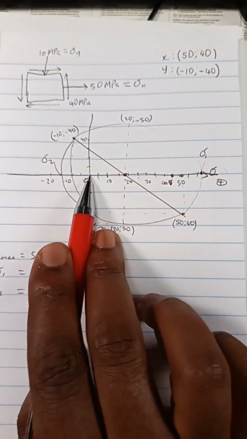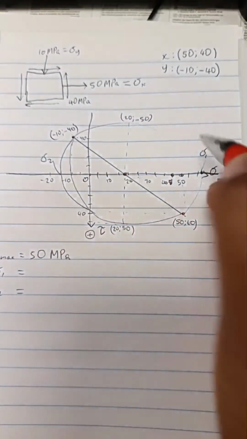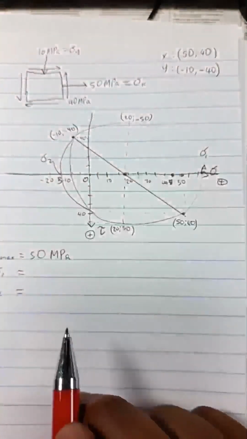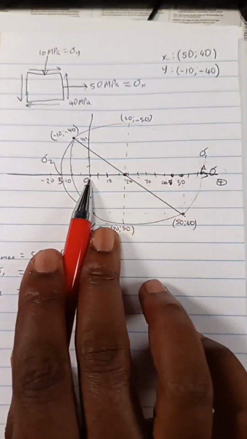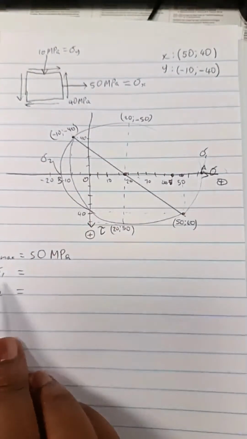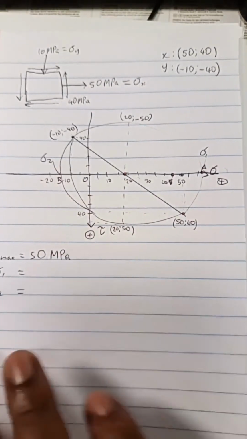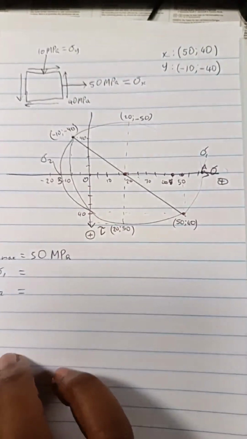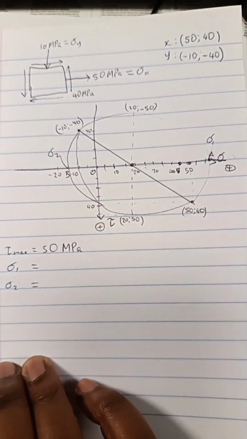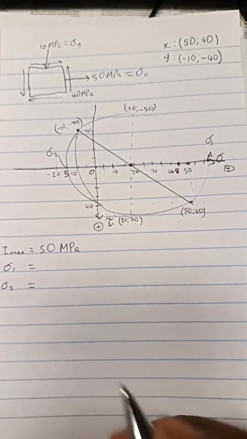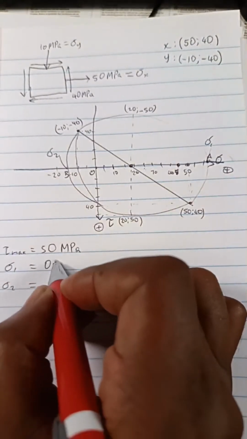You'll measure from this 0 to that place. Let's say that is A, and then this will be B. So OA is the value for this. So you have stress 1 is equal to OA.